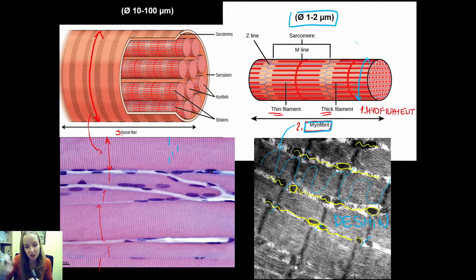There is this striation going through all the muscle fiber, but it's kind of moved to the side. Because there is some cytoplasm in between, we can see the myofibrils here in the longitudinal section.